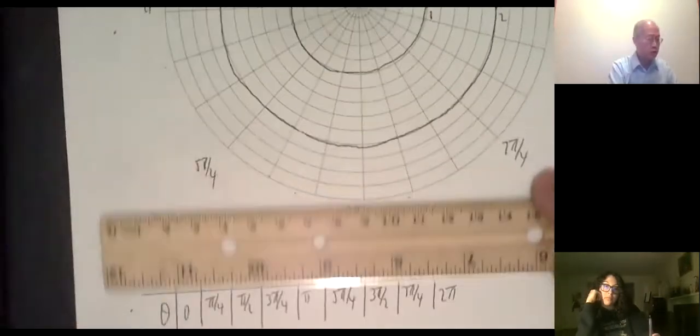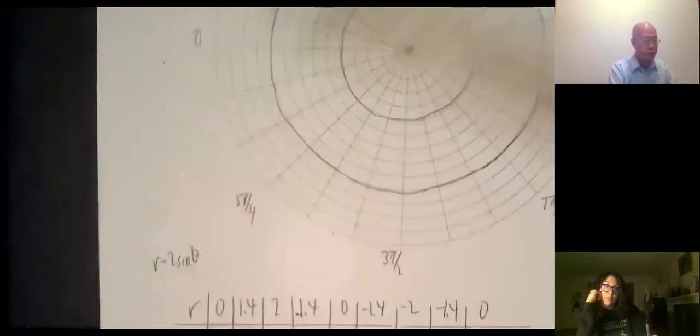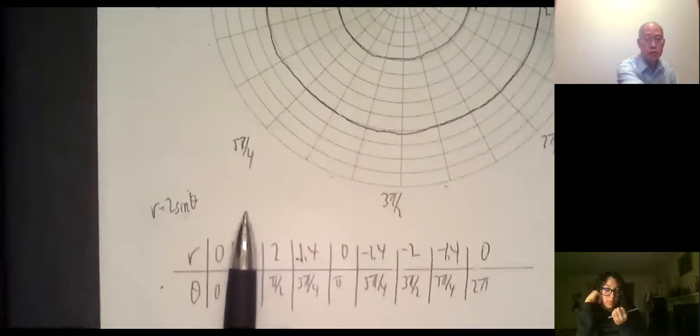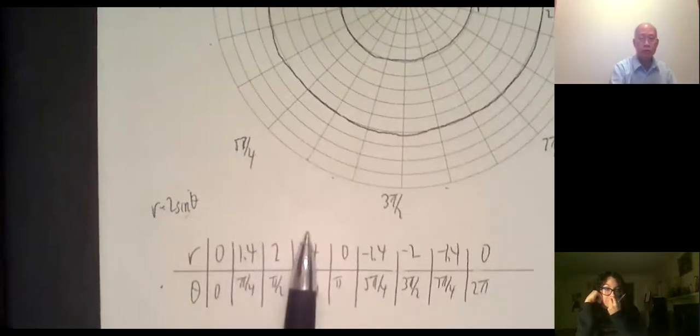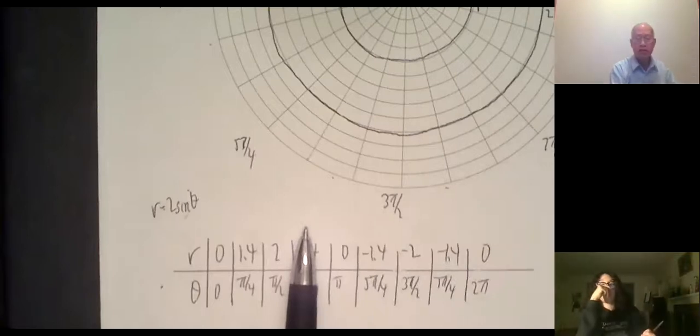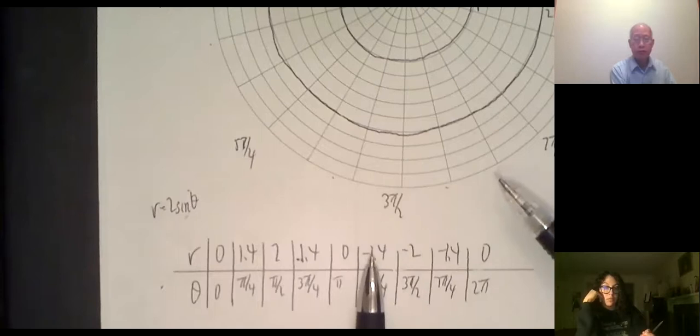Now, you can go off the function, or again, just reason it out. 0, 2. So most reasonable would be 1.4. Same thing here. You go from 2 to 0. It wouldn't make sense to have negative 1.4, right? So 1.4. 0 to negative 2, negative 1.4. Negative 2 to 0, negative 1.4.